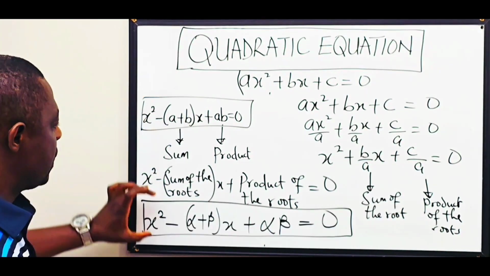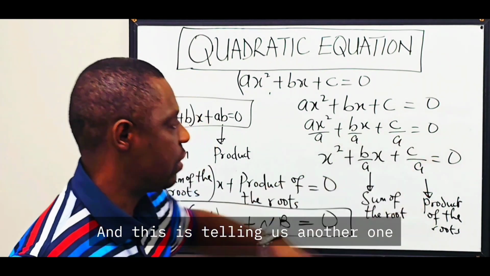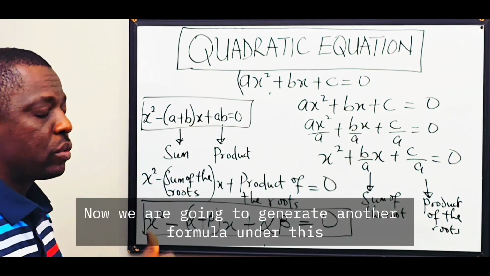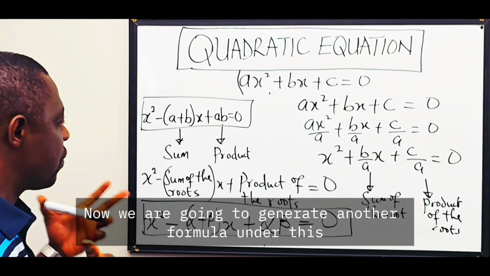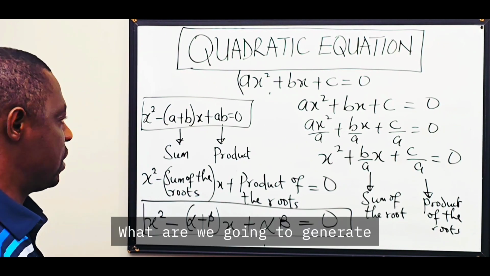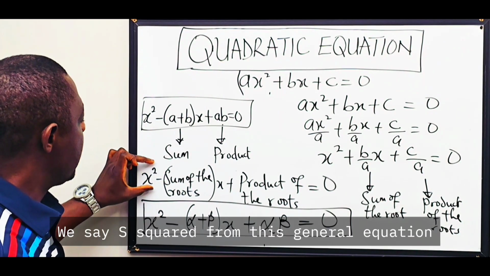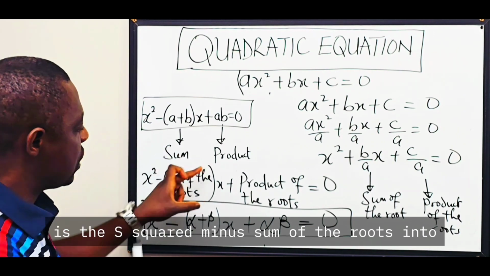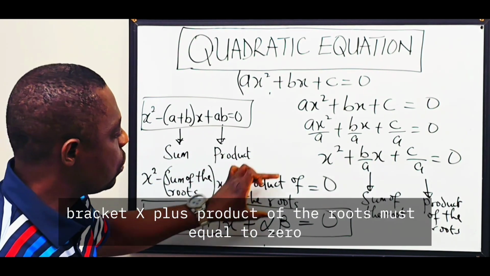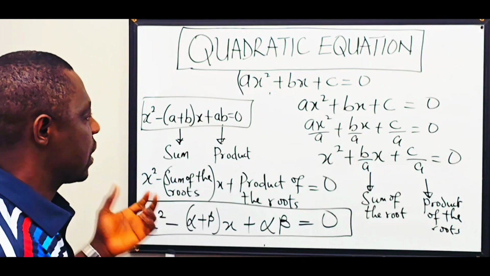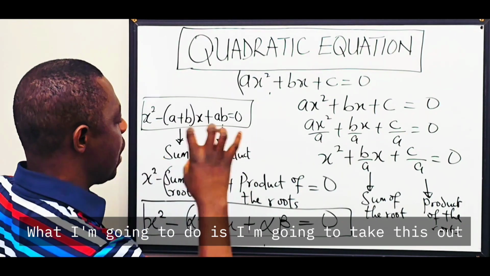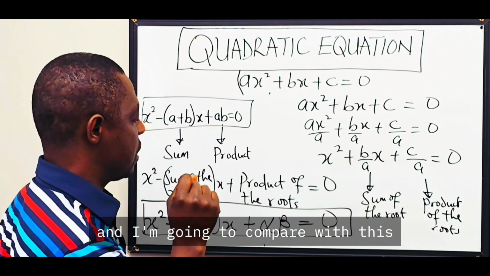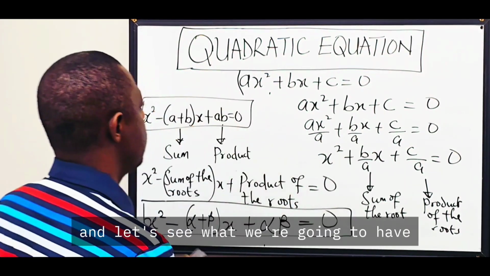This is one of them, this is another one, and this is telling us another one. Now, we are going to generate another formula under this. What are we going to generate? We say, from this general equation, x squared minus sum of the roots into x plus product of the roots must equal 0. What I'm going to do is take this out and compare with this, and let's see what we're going to have.